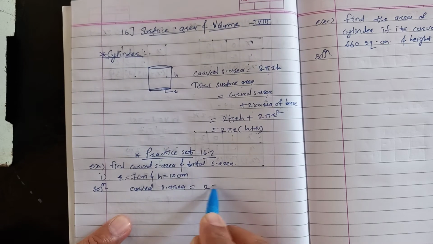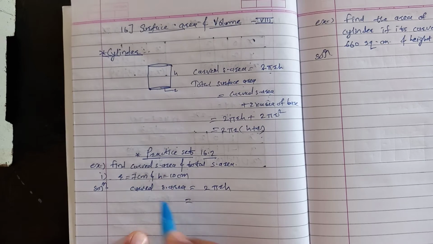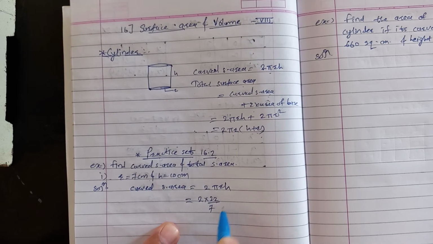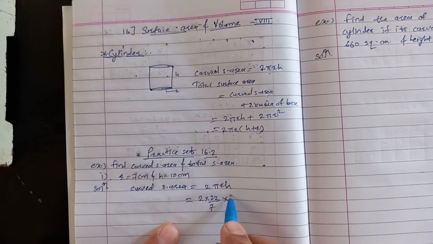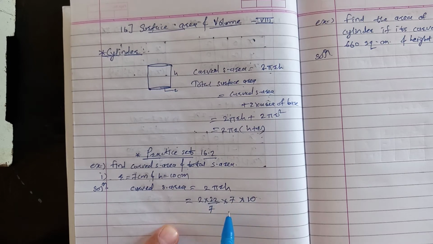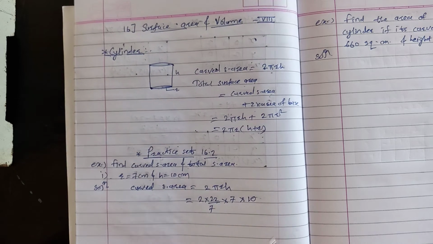What is the formula? 2 pi r h. Put the value. Pi is not given, so the value of pi is 22 upon 7. Radius is 7, height is 10. If any value is divisible by 7, then take 22 upon 7. If no value is divisible by 7, then you can take 3.14 and simply multiply it.